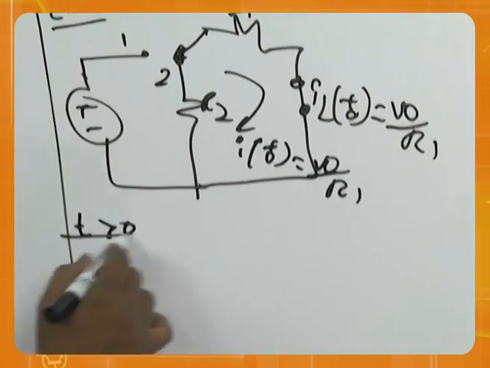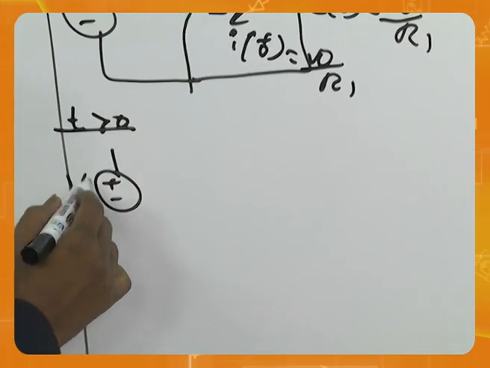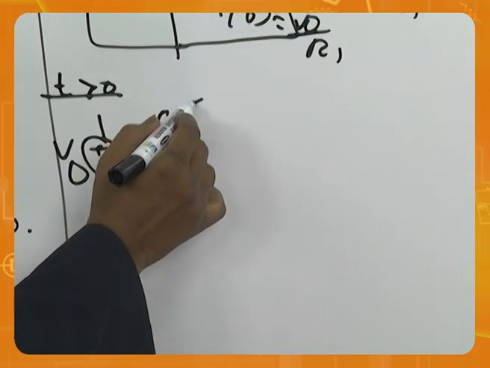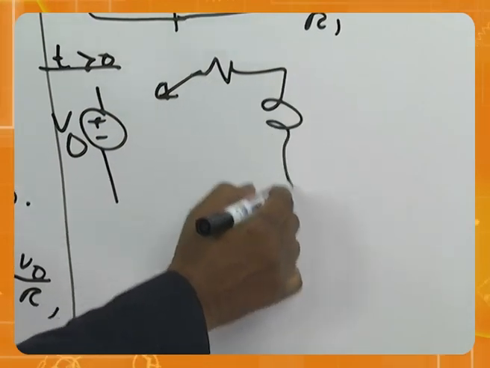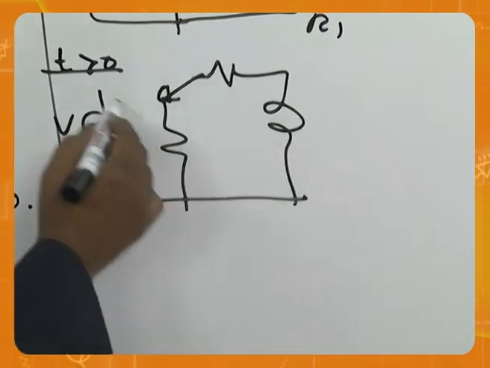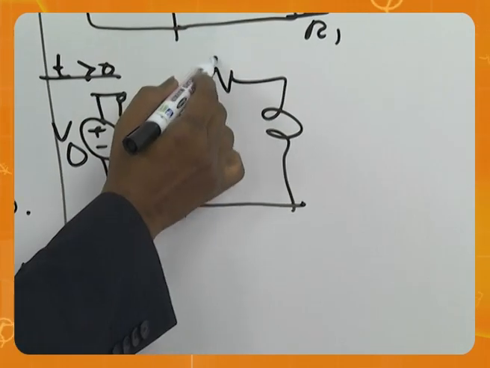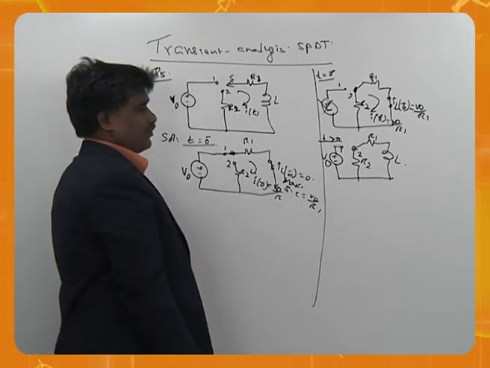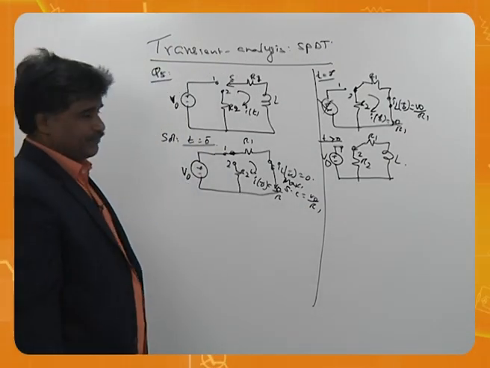Then t greater than 0. Look over here. 1 is nowhere connected, 2 is connected, R1, R2, L come into the picture.